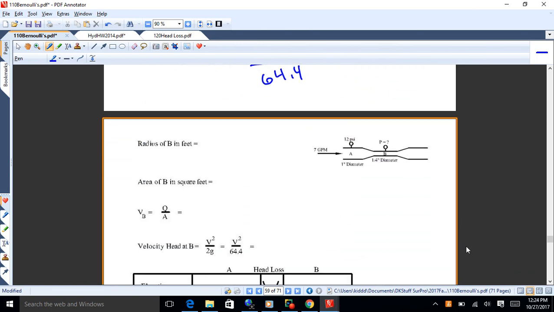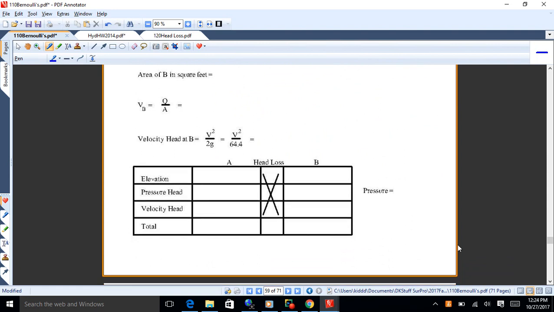Now, I guess we can fill out the chart there at the bottom now, at least on the left for A. We don't get any elevation, it's just horizontal. It's not going up or down or anything, so we don't need to worry about that. And up above we've got the pressure head, and we just found the velocity head. So I think we've got 27.85 feet of energy.